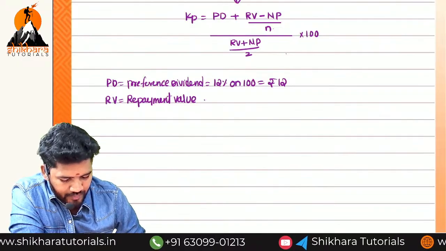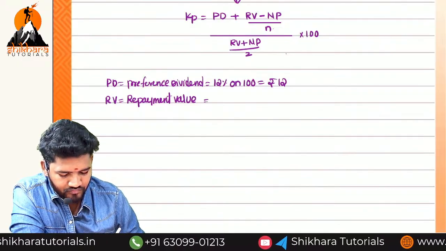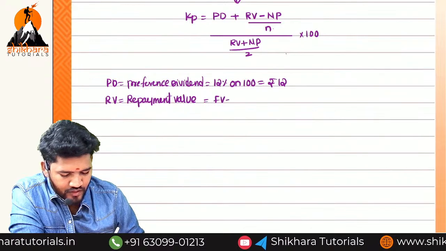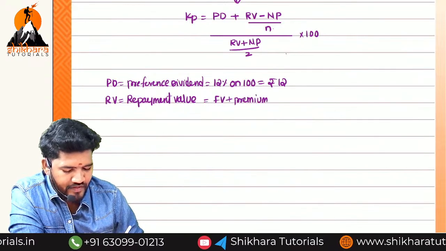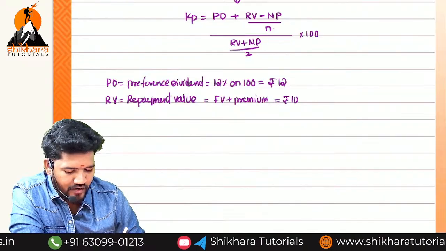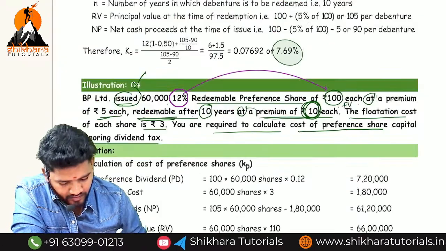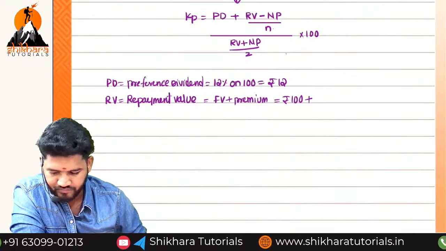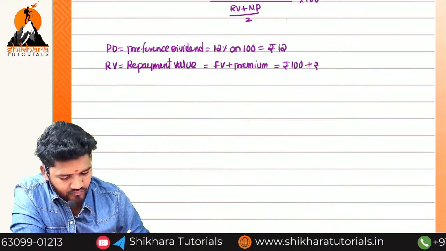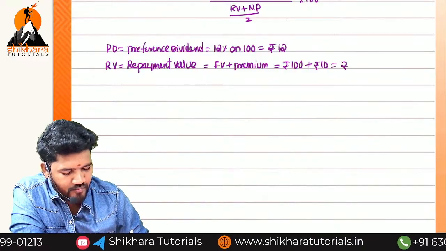How to calculate the repayment value? Face value plus premium. Now what about the face value? 100. They are repaying redeemable after 10 years at a premium of 10 rupees. Now what about the repayment value?